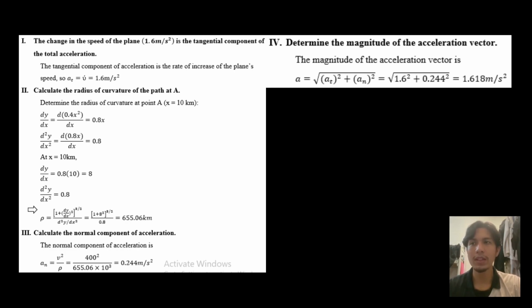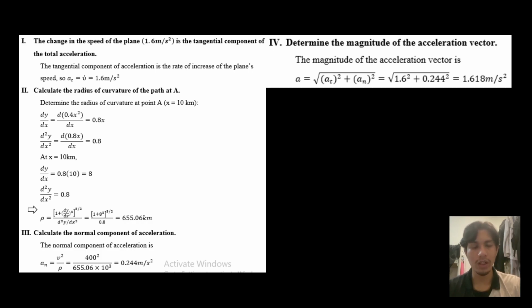So determine the radius of curvature at point A, where x is equal to 10 km. We differentiate y, and we got dy/dx equals 0.8x.